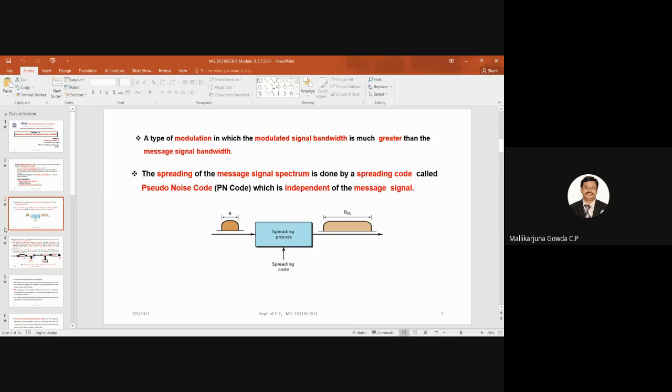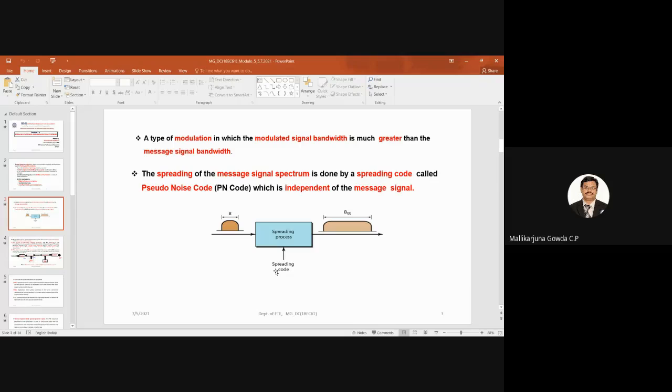For example, here I have taken the information or message signal having a bandwidth of B, and this information signal has been spread by using a spreading code. That spreading code is known as the pseudo noise code, the PN sequence. You might have heard about the PN sequence.